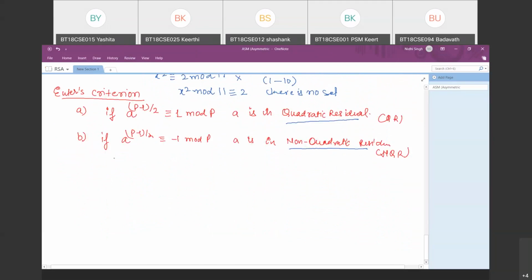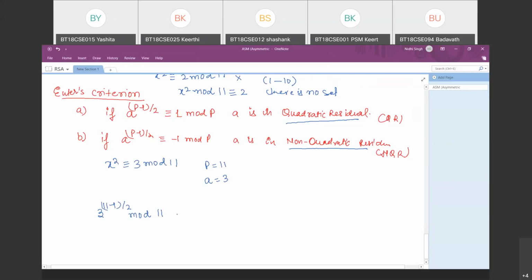So what was my previous example? My previous example was x square congruent to 3 mod 11. So what is my p value? The p value is 11. What is my a value? The a value is 3. Now test a to the power (p minus 1) divided by 2 mod p.